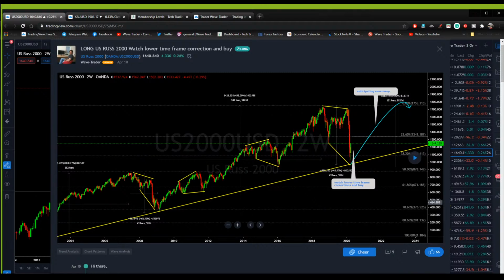Now, what is happening right now? We are having a shift from big caps to small caps. People are taking their profit away from big caps and positioning in the small caps.